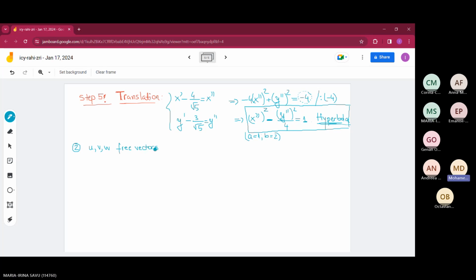So that the length of u is 1, and the length of v is 2, and the length of w is 3.